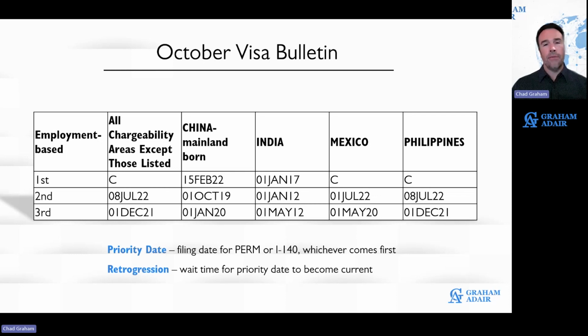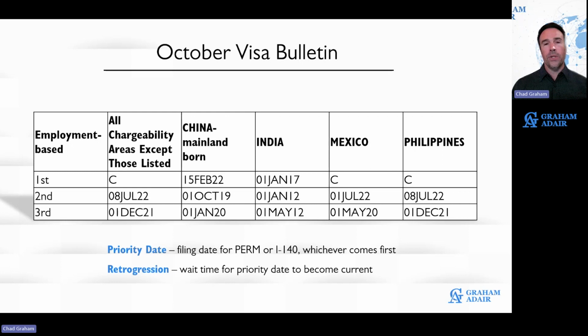If they do, then they're going to have to wait for the next year. Next year's 140,000, and then we'll let them apply next year. And so where you have countries that exceed that 7%, and we see that mostly in India and in China, then a line starts to form, and that's what they call retrogression.